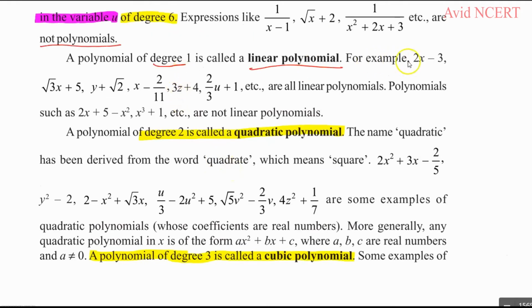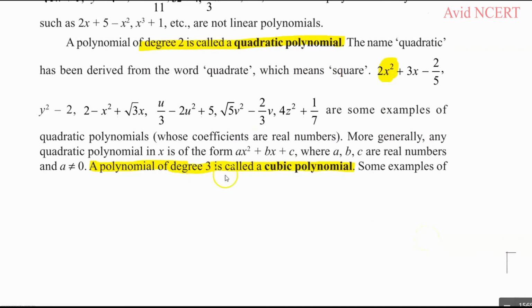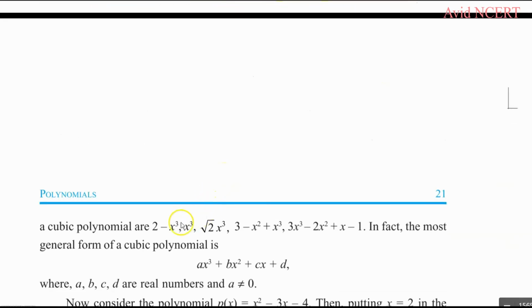So linear polynomial has the highest power of x as 1. Whereas for quadratic polynomial, x will have a highest power of 2. For cubic polynomial, x will have the highest power of 3.